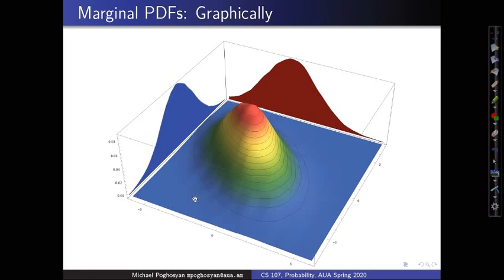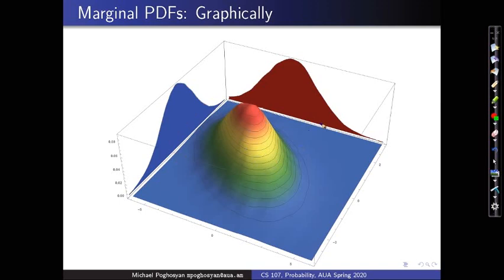Okay, geometrically we are doing the following. This is the joint PDF surface. These are the graphs for the marginal PDFs. And how we are obtaining these marginal PDFs: we are not just projecting this.